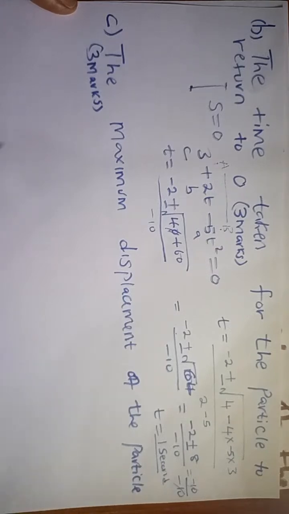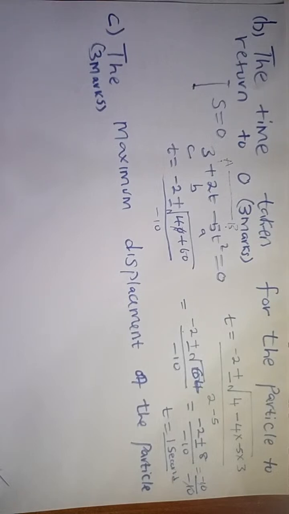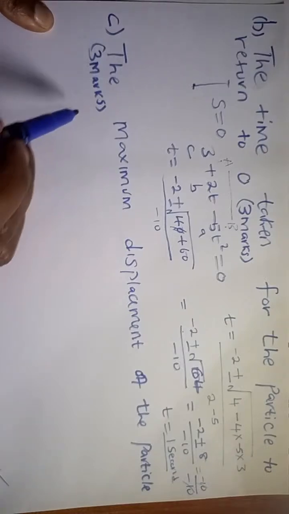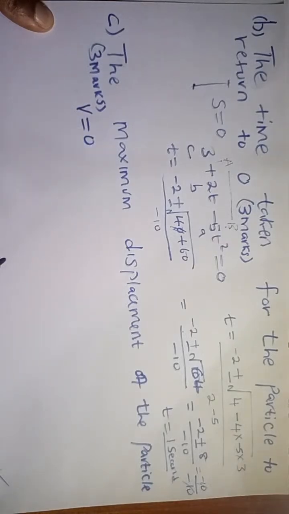We normally say at maximum displacement the velocity is 0. So if you throw a stone upwards, at the point where it moves highest, that body stops moving, and we say at that instant v is equal to 0.